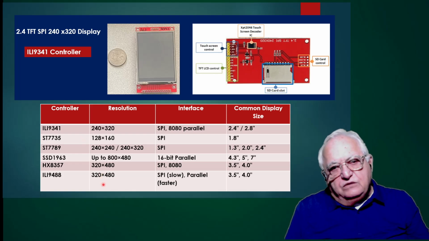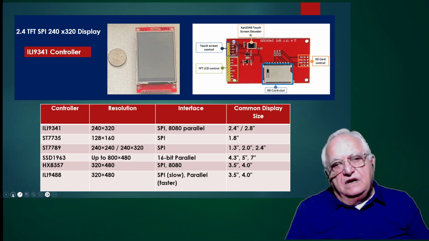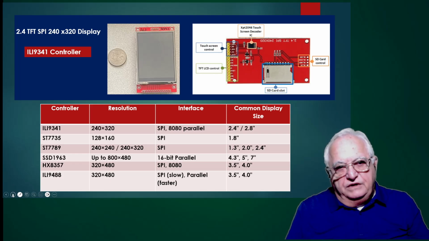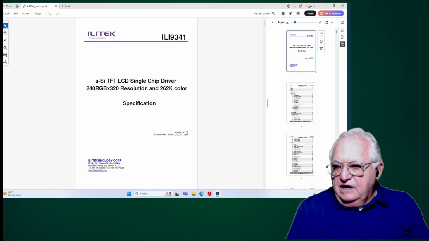So anyhow, I just want to give you an idea of all the controllers there are out there, because as you know, the first order of business after you buy your display is to get your controller documentation. So let me give you a flavor of the controller.